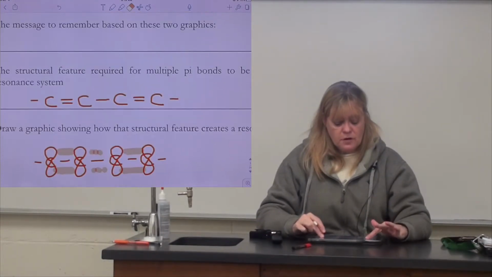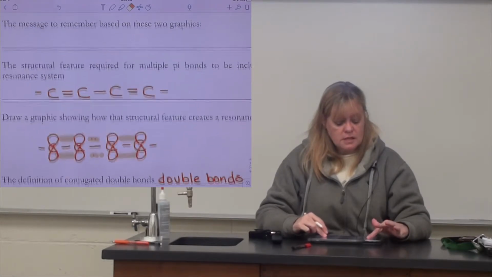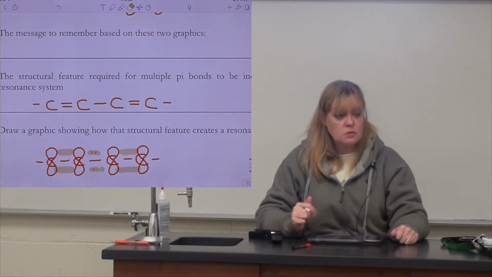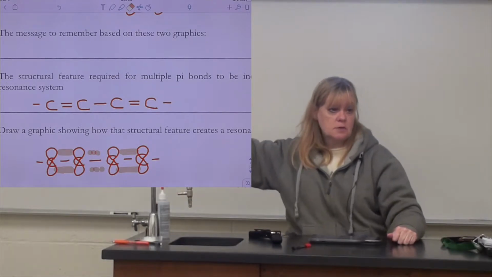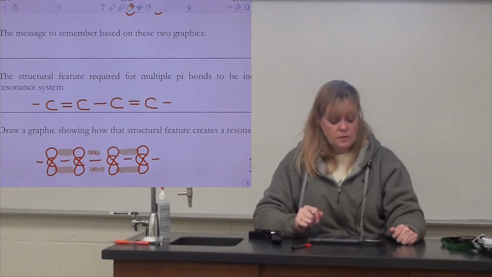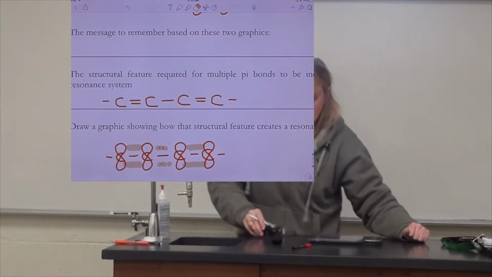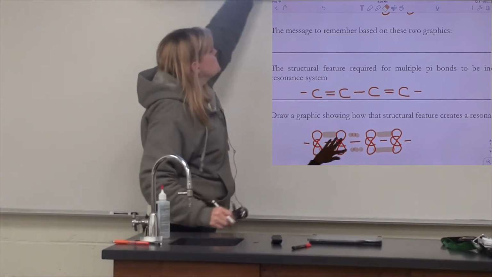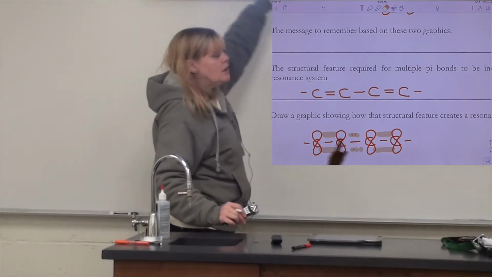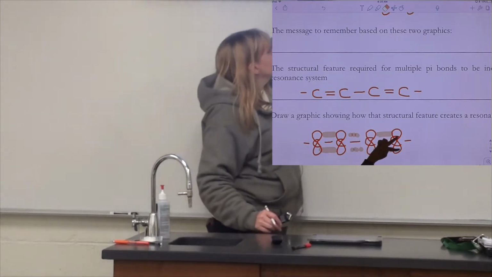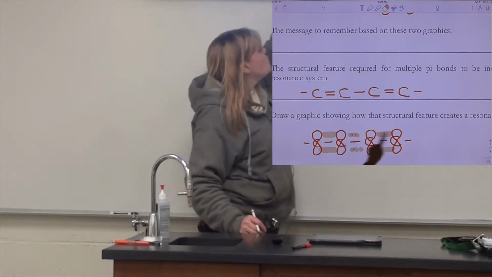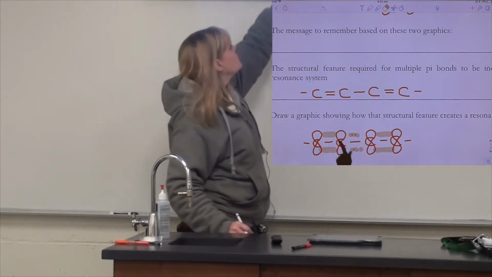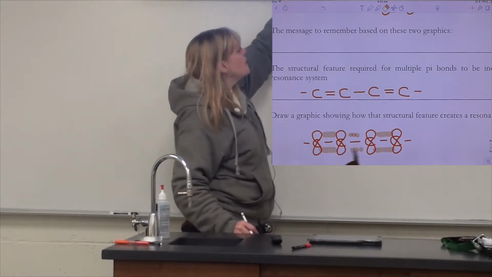Anyway, the structural feature required for a resonance system, if you have multiple pi bonds, would be the double, single, double, single, double, single pattern. That's because each double bond then would have the two p orbitals overlapping side to side. And then you have your single bond here, and then you've got the next set of p orbitals. But now since you have a whole series of p orbitals, these can also overlap with each other.